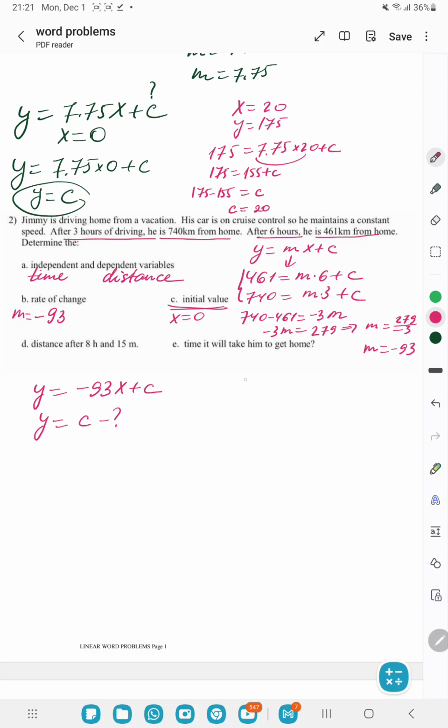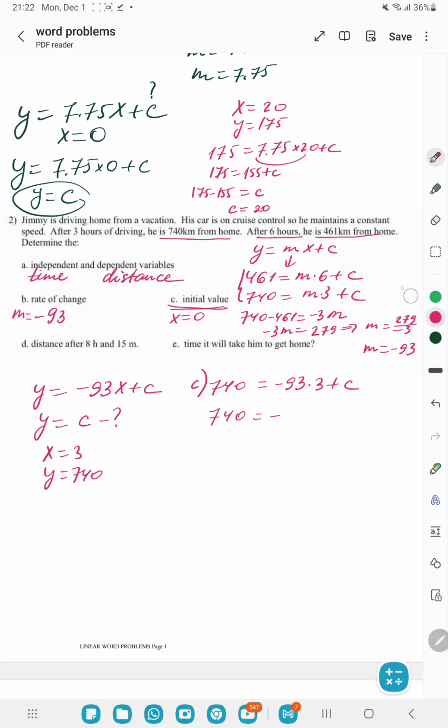To find c, we plug one of the points into the formula. Let's say x is 3 and y is 740. So 740 equals negative 93 times 3 plus c.